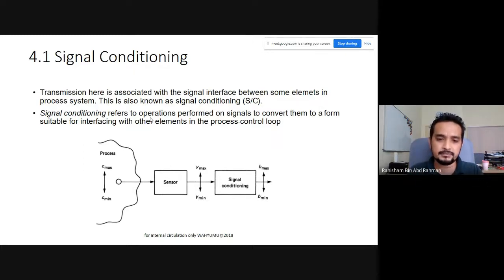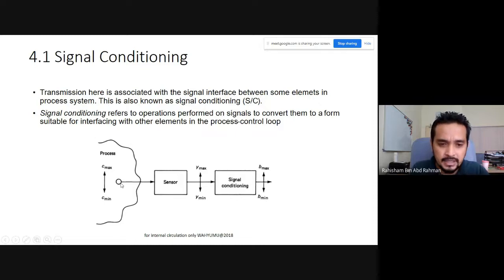For example, as I mentioned, the actuator or valve needs to communicate to the sensor, and the sensor needs to communicate to the control room. We need to provide a suitable condition so that the data from the sensor and actuator can be read and digested by each of the required elements in the process control.